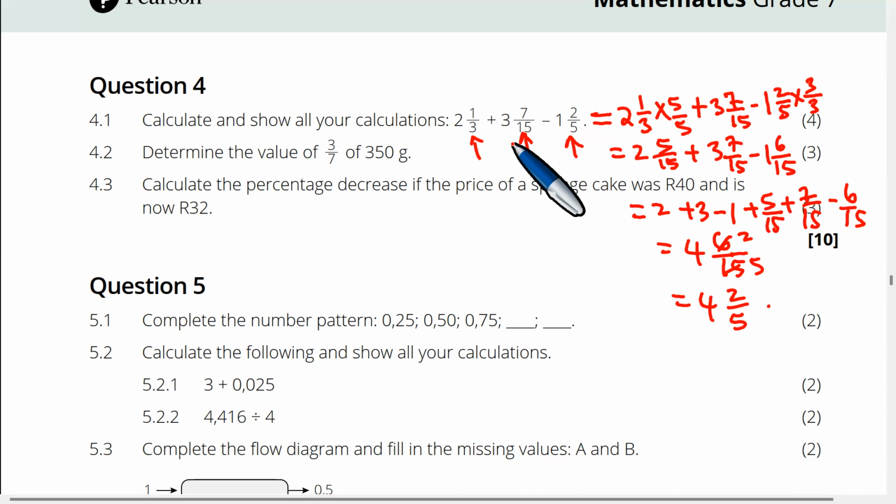Next question, look at 4.2. Determine the value of 3 over 7 of 350 grams for 3 marks. What do you think the answer is? Let me know what you think.